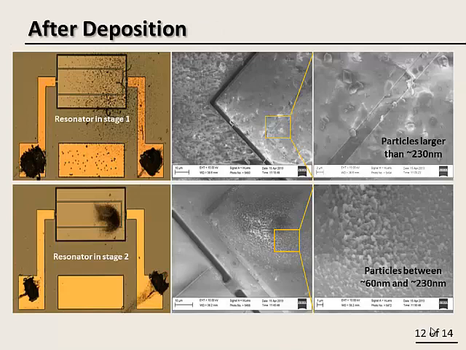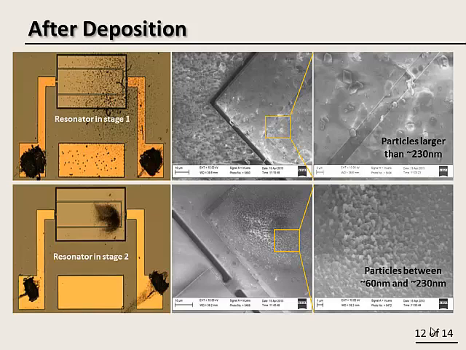Here you can see the optical images taken from the two resonators in each stage. Here is the resonator for stage 1, and this is for stage 2. You can see how the alignment process of the presented system works in aligning the jet streams right on top of the devices.